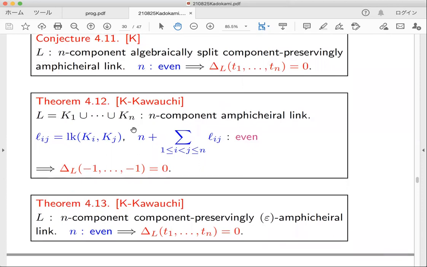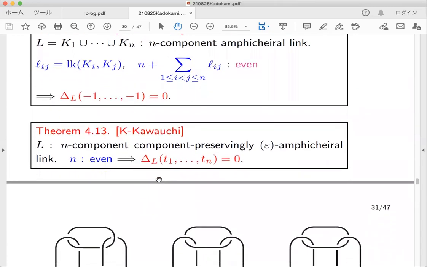And yes, I already said that, joint work with Kawauchi: let L be an n-component Amphicheiral link, and then if n plus the total linking number of L is even, then the Alexander polynomial of L with t_i substituted equal to minus 1 equals 0. 4.13.